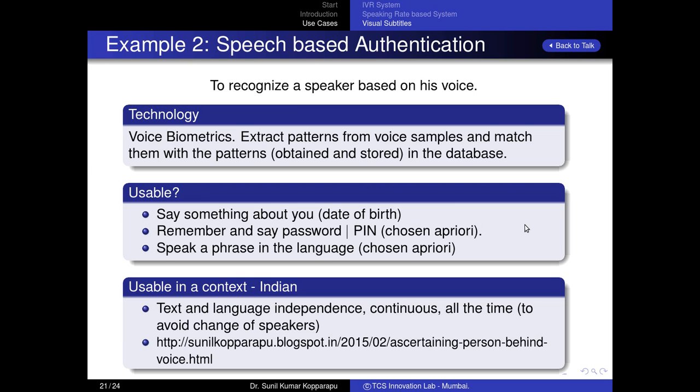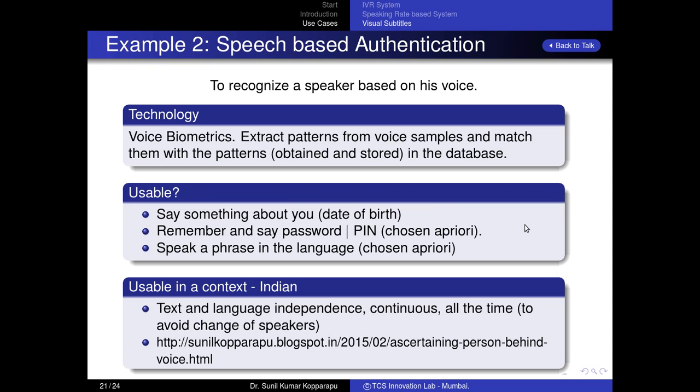This is especially something that can avoid people changing phones within a transaction. Just look at a scenario where person A, who is the actual user of the system, speaks to the system and authenticates himself.